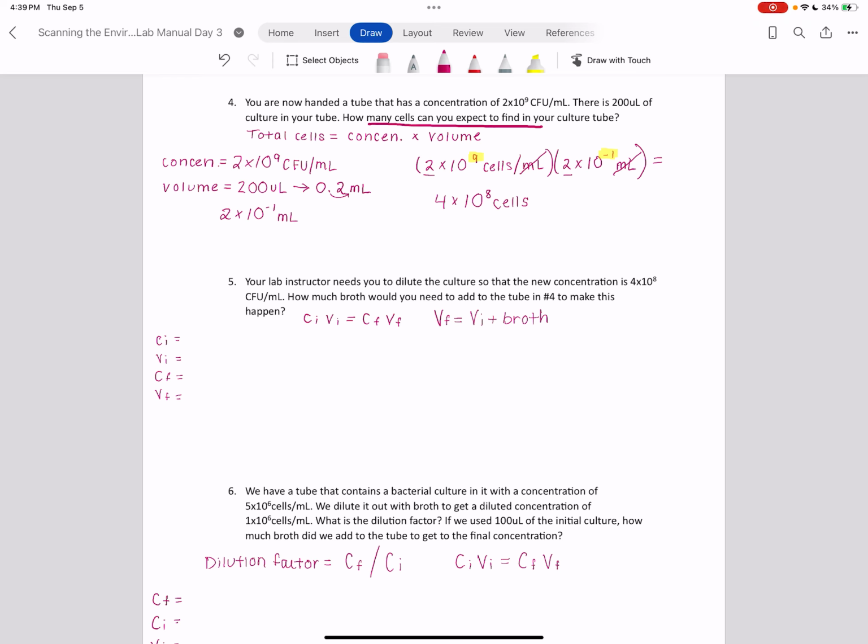And so let's go ahead and plug in some of these variables off to the left-hand side. The problem states that our new concentration is 4 times 10 to the 8th. So new we can think of as final, so that would mean that our CF is equal to 4 times 10 to the 8th CFU per ml.